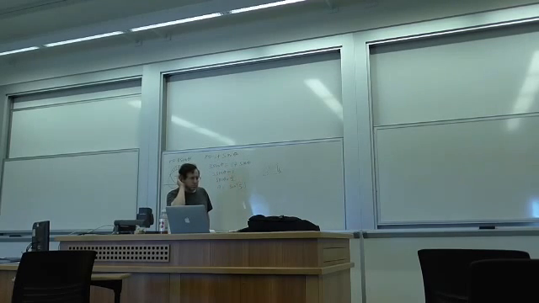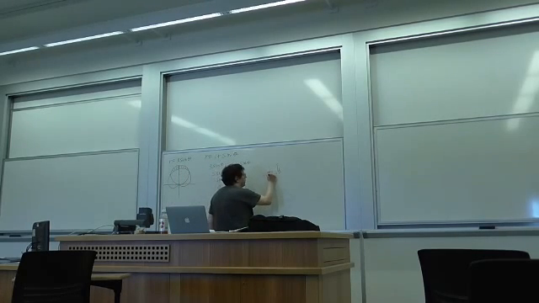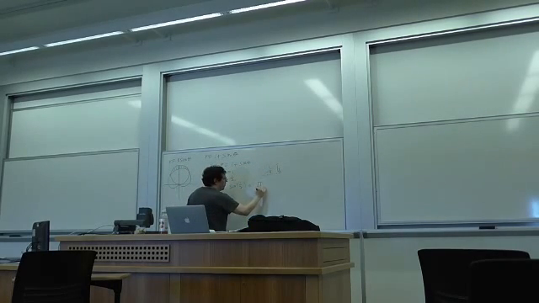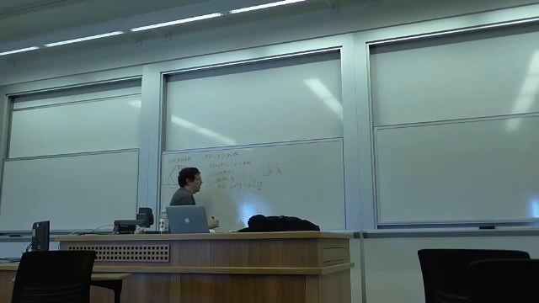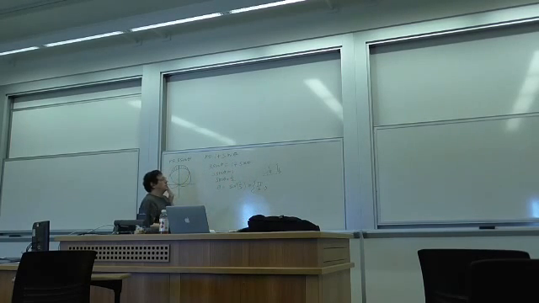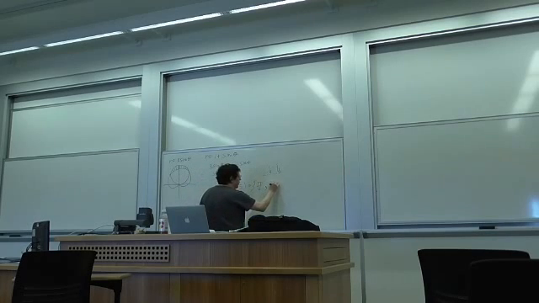Pi over 6. This is a 30, 60, 90 triangle. So one of the solutions is pi over 6. And of course, pi over 6 plus 2 pi n, right? There's an infinite number of them. What's the other angle? 5 pi over 6.